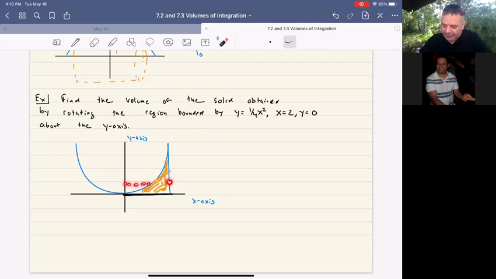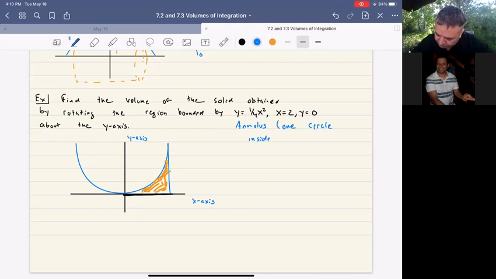We're actually taking what's called an annulus. An annulus is one circle inside of another. So when we do that, we're going to have an inner radius and an outer radius. Let's call it Ri and Ro.